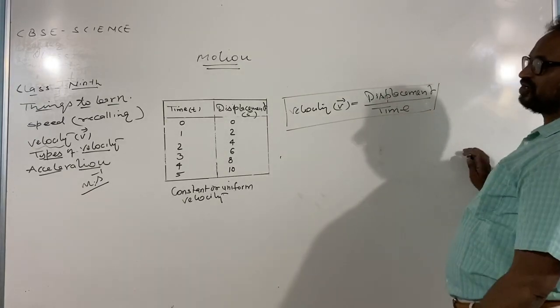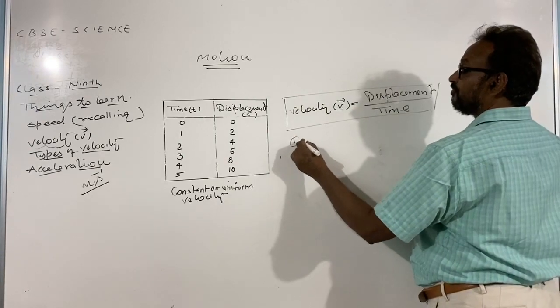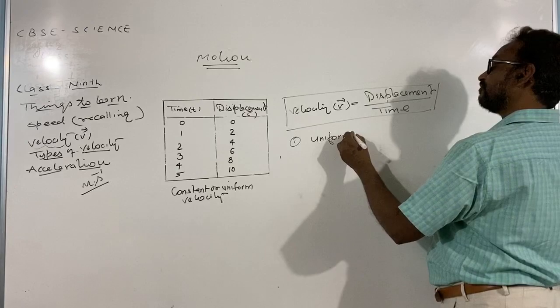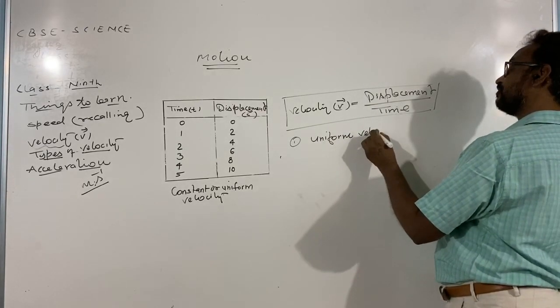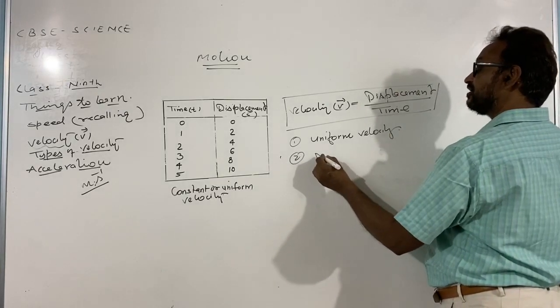Now velocity is of two types, namely number one, uniform velocity, and number two, non-uniform velocity.